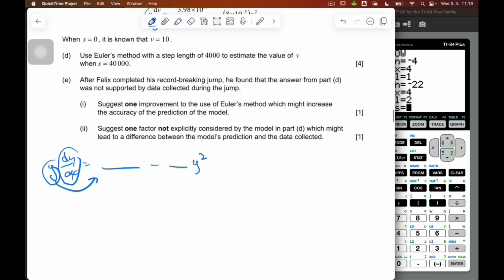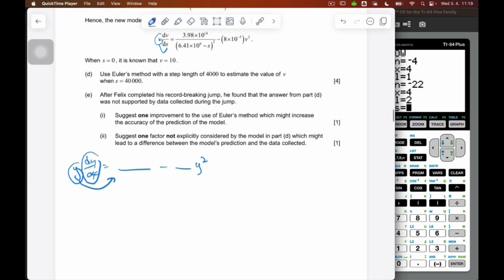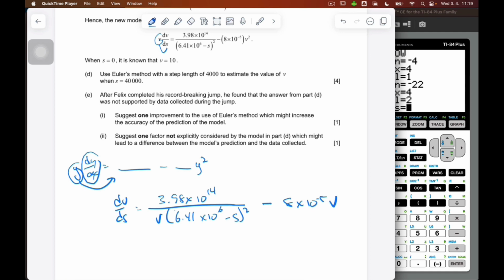So what I can say is that dv ds is equal to 3.98 times 10 to the 14th over v times 6.41 times 10 to the 6th minus s squared, minus 8 times 10 to the minus 5 v, because I divide by v and that cancels out the exponent. And so that is what I'm going to do.